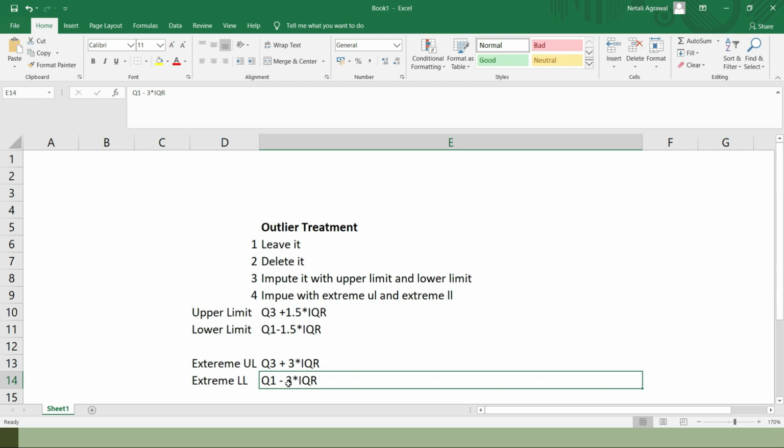So this is all about outlier treatment, that either you can leave it, you can delete it, impute with upper limit or lower limit, or impute with extreme upper limit and extreme lower limit. I hope that this gave you some idea. So try your hands on with different outlier techniques and see how your data works. These are some very basic things that you should do with your data. Play around with the data and get your hands dirty.